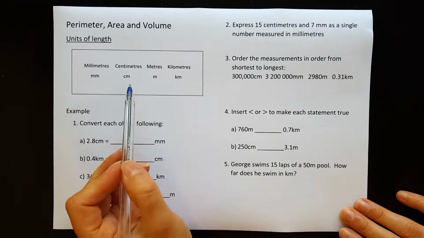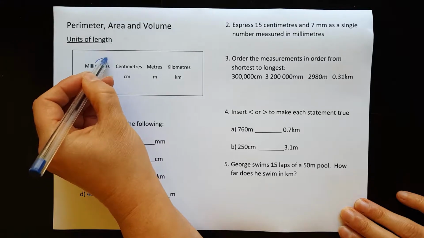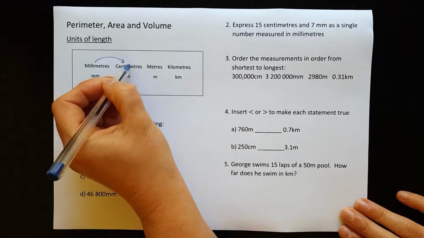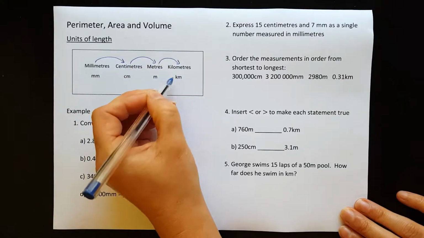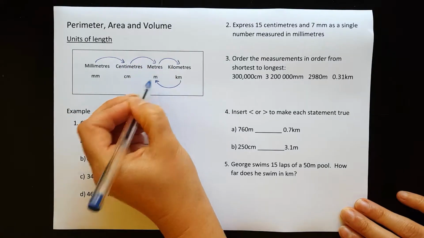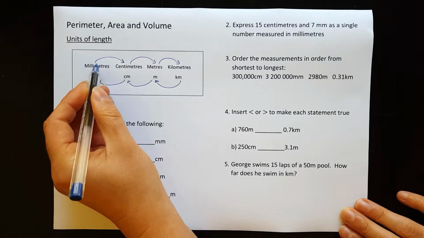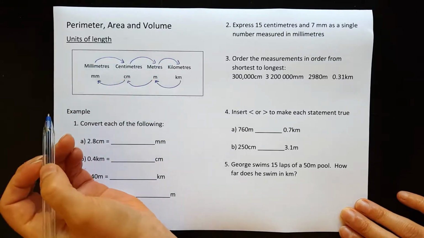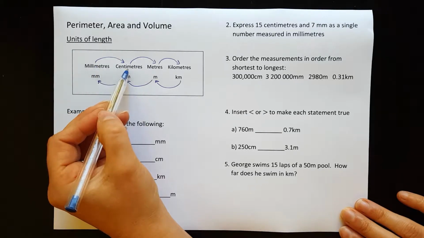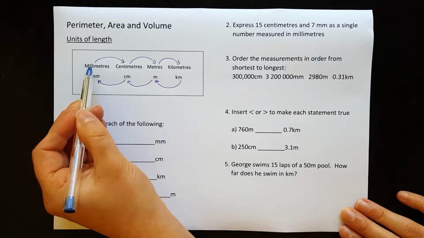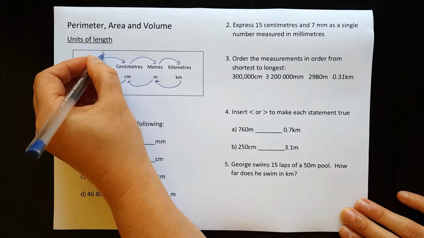Now if we want to convert between those units, I'm going to draw some arrows going up between each one of these and then also coming back down the other way. These units are getting bigger as I go along the line. There are 10 millimeters in 1 centimeter, so to go from millimeters to centimeters, I need to divide by 10.